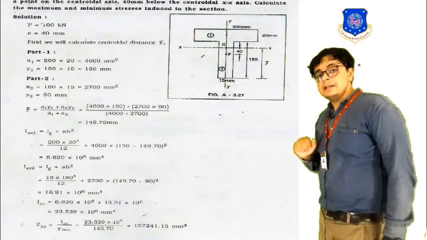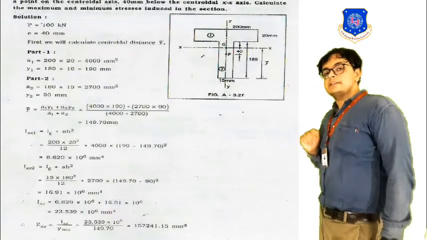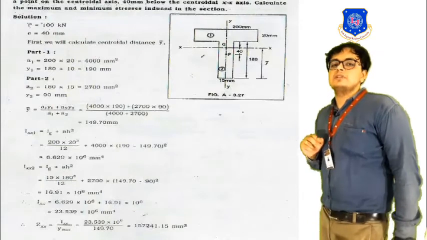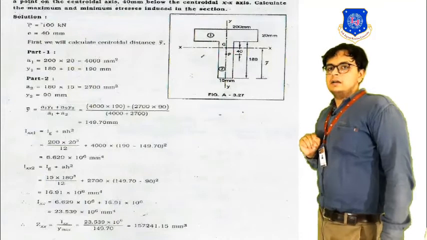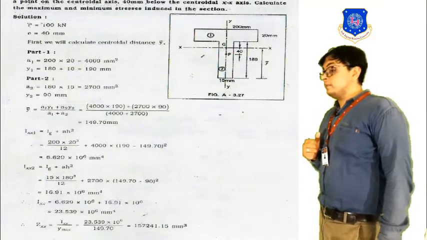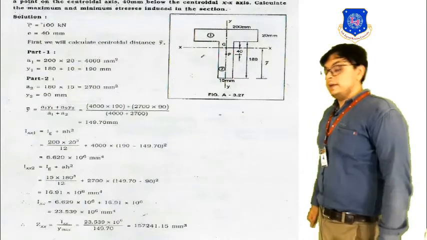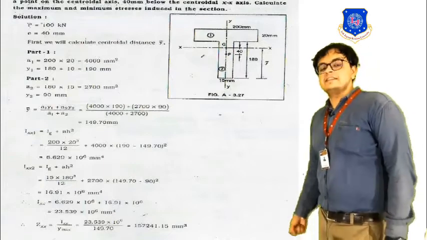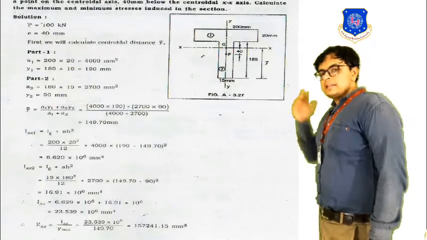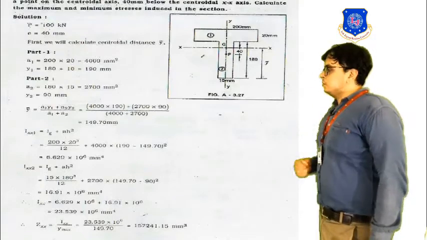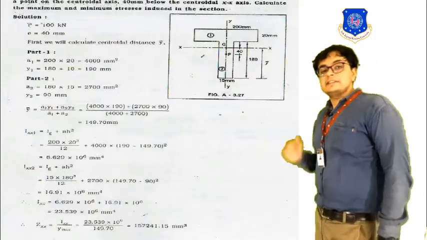But over here we have the load at some eccentricity with respect to the centroidal axis. Because of this eccentricity, moments can generate, and because of this, bending stress also comes into action. By this, the concept of direct and bending stress comes into existence for solving this example.